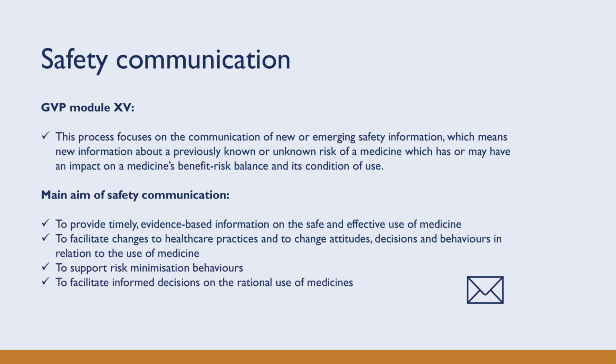The primary aim is to provide timely, evidence-based information on the safe and effective use of medicines. This helps facilitate changes in healthcare practices, supports risk minimization behaviors, and enables informed decisions regarding the rational use of medicines. Effective safety communication is essential for maintaining transparency and public trust.